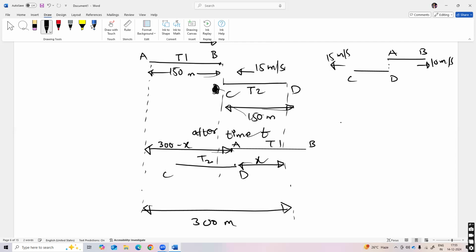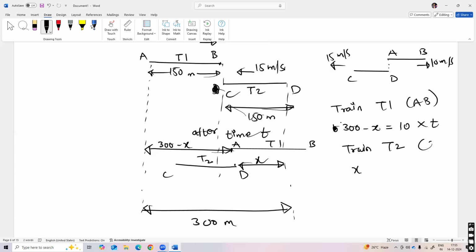For train T1 or train AB, the distance, which is 300 minus x, is equal to velocity into time. The velocity here is 10 meters per second, so 10 into t. For train T2 or train CD, the distance traveled is x, equal to velocity 15 into time t.